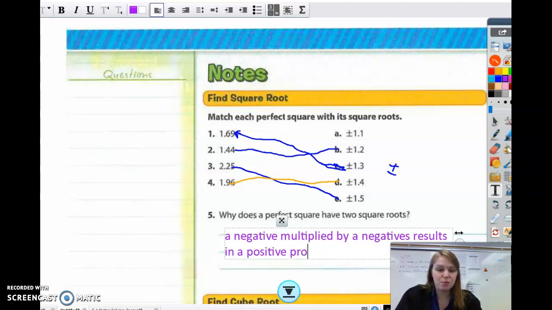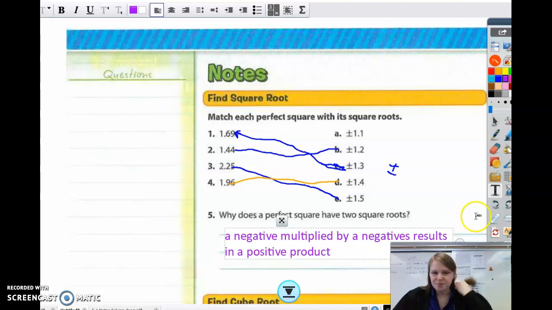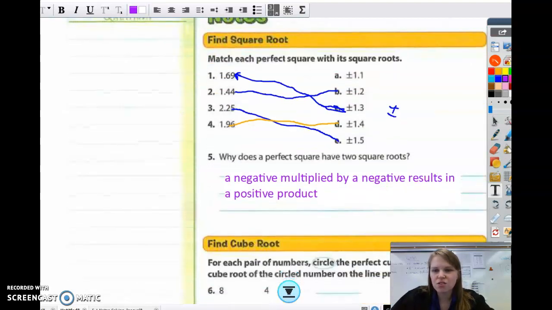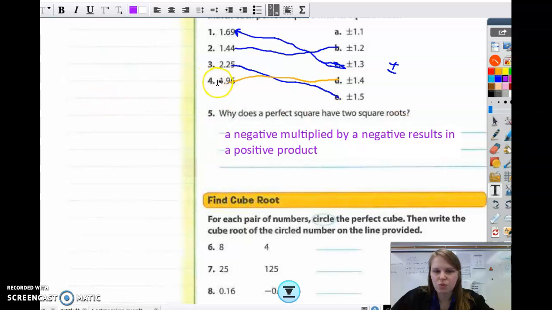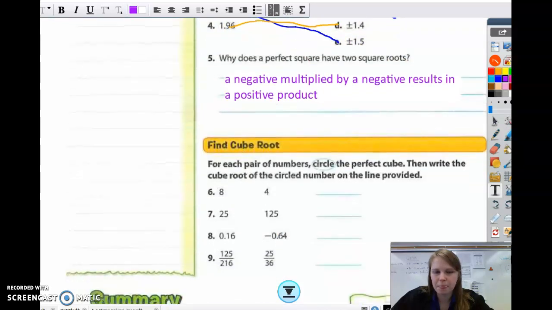I suppose we could say product. That's the result of multiplying, right? So this says a negative multiplied by a negative, and not one negative, results in a positive product. So that's why this works. So a negative times a negative gives you a positive, but obviously two positives leave you with a positive as well. So the square root of one of these could have the positive or the negative answer option.